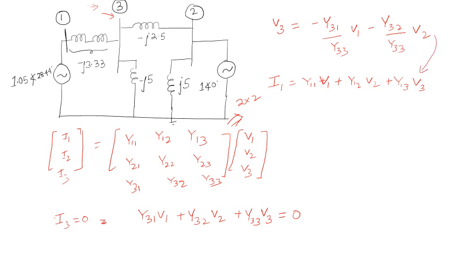Then you equate and simplify, and you will get this equation: Y11 minus Y13 Y31 upon Y33 V1.